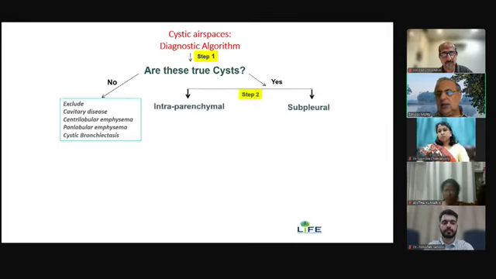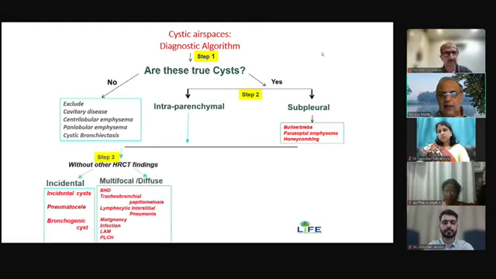If they are true cysts, then the question is, are they intraparenchymal or are they subpleural? If they are subpleural, they will be bullae, paraseptal emphysema, honeycombing. If they are intraparenchymal, then are they single cysts, cysts without HRCT findings, in which case they would be incidental pneumatoceles or bronchogenic cysts, or they are multifocal and the surrounding parenchyma is normal, which is the Birt-Hogg-Dubé, the tracheobronchial papillomatosis, LIP, malignancy, infections, LAM, and PLCH.